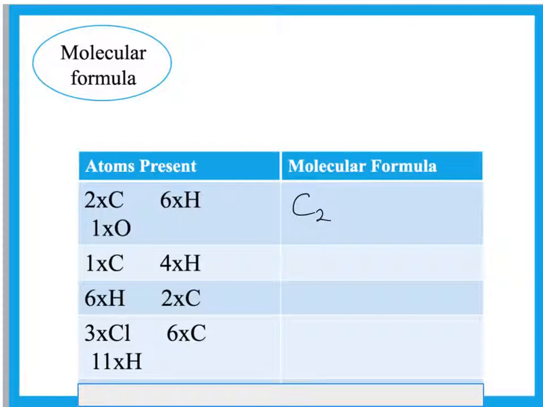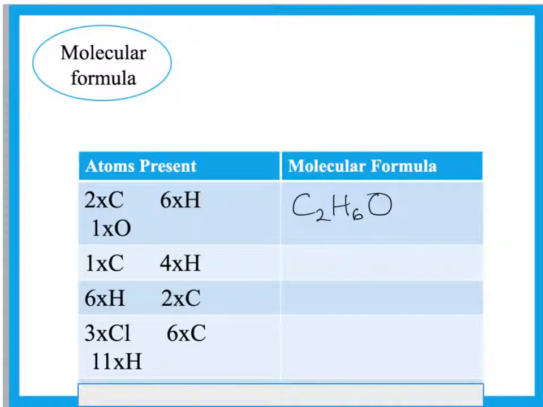Next we write hydrogens, so generally it goes carbons, then hydrogens, then everything else comes after that. So the hydrogens, capital H, and we've got 6 of them, so subscript, small and at the bottom. And we've got 1 oxygen atom. So 1 atom, you don't need to write a subscript number, it just needs to appear. So there's the 1 oxygen atom. So C2H6O consists of 2 carbon atoms, 6 hydrogen atoms, and 1 oxygen.